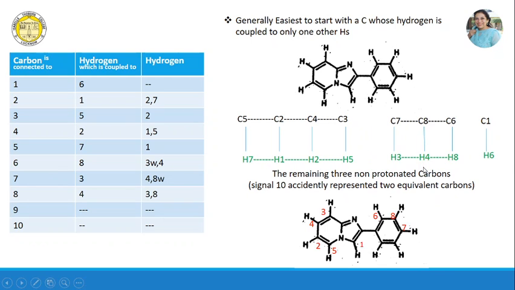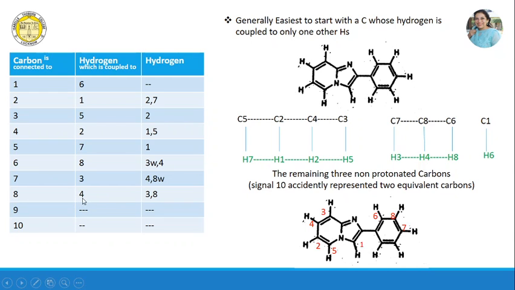Now let me look at this one. I have carbon number 7 linked to hydrogen number 3, and hydrogen number 3 is linked to hydrogen number 4. This we are neglecting as it is very, very weak. So I have written hydrogen number 4.